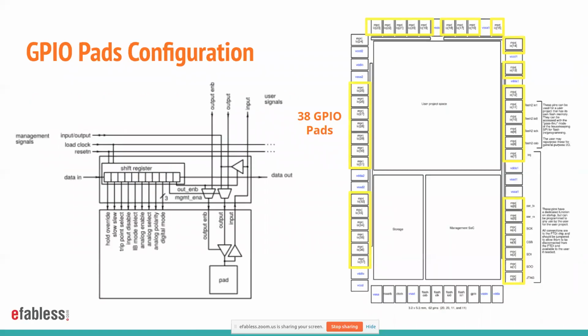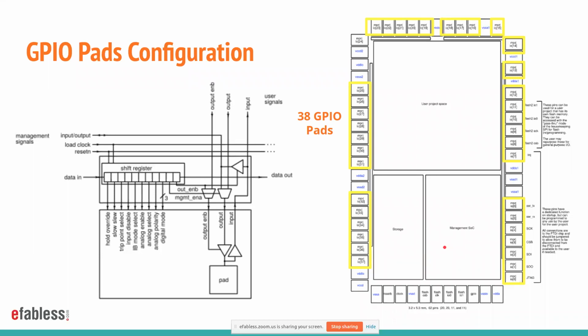As I said, the chip pad frame is fixed. It is pre-planned and pre-designed for all the shuttle chips. So you get a fixed number of GPIO pads, which is 38 GPIO pads. Every pad is shared between the user project area and the management area.